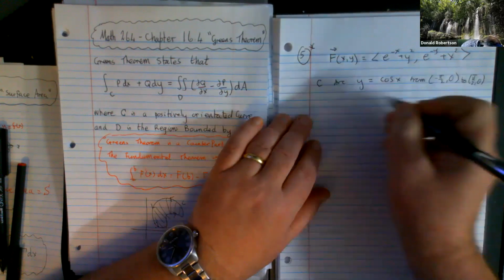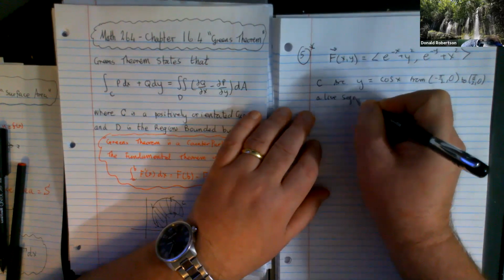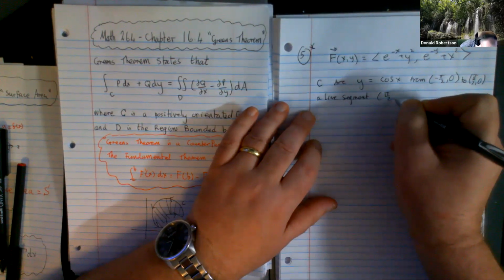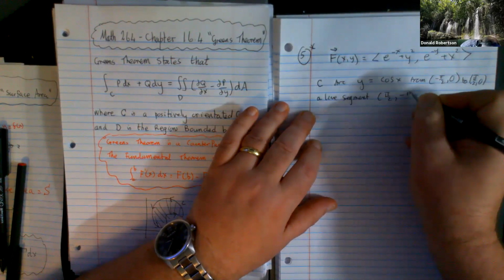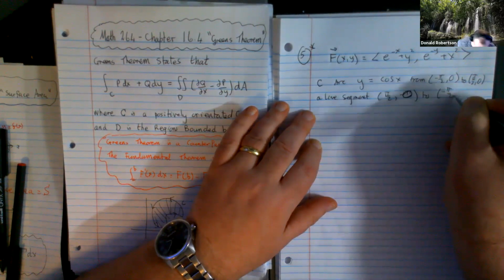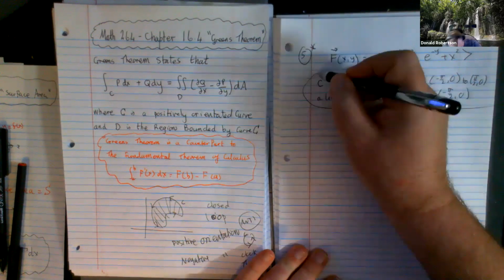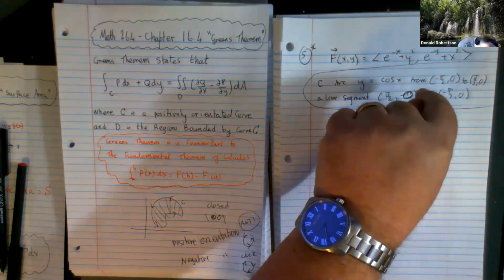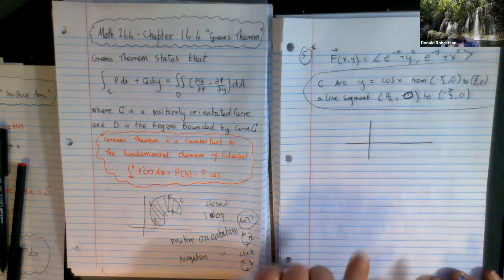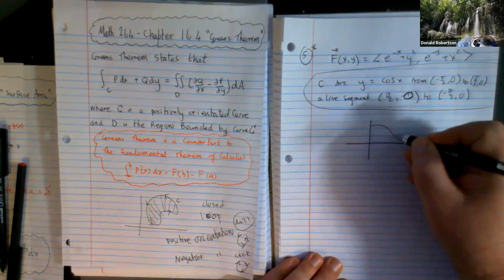And then it's a line segment. And that line segment goes from pi upon 2, 0 to negative pi upon 2, 0. Okay, let's get this thing sorted out because I'm a visual person and there's just too much going on there. So, y equals cosine x. Well, we know what cosine x looks like. Looks like that.